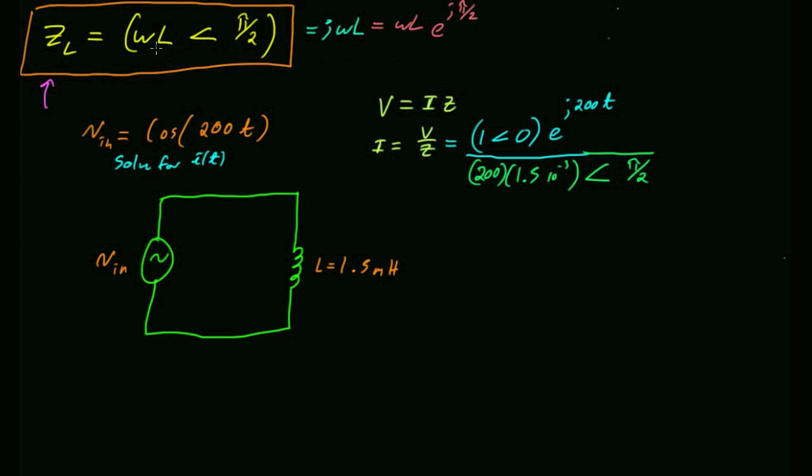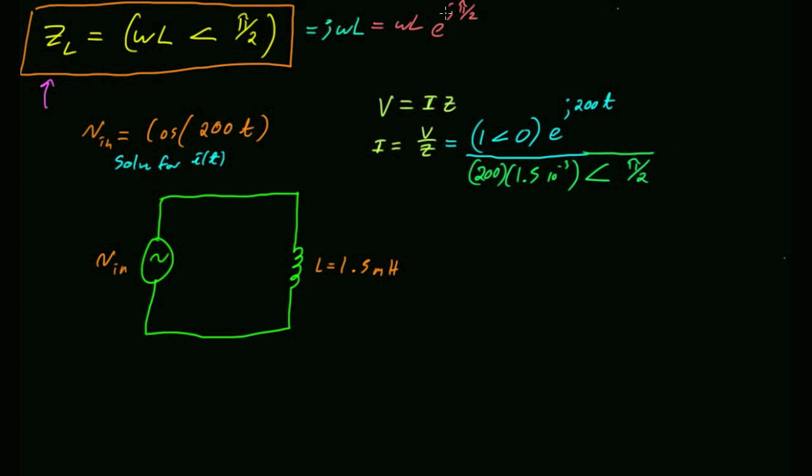That's what that means. And e to the j pi over 2, you guys remember your complex numbers, right? Also you can use omega L times cosine pi over 2 plus j sine pi over 2. So basically, this, by definition, means this.